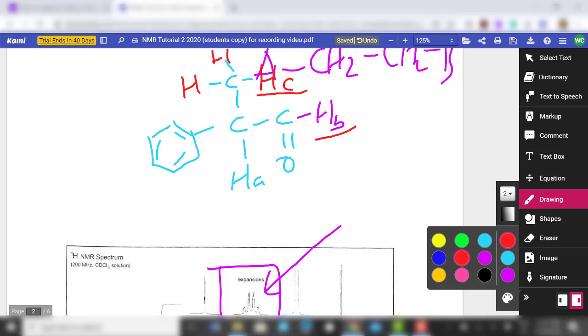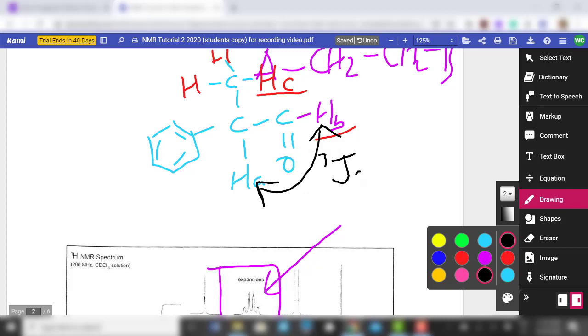So in that sense, you expect that when HA and HB couple to each other, which is the proper term we use here, the extent of coupling is different. In NMR we usually represent coupling with the letter J, and since this is the usual 3 bonds away coupling, we call it 3J coupling.